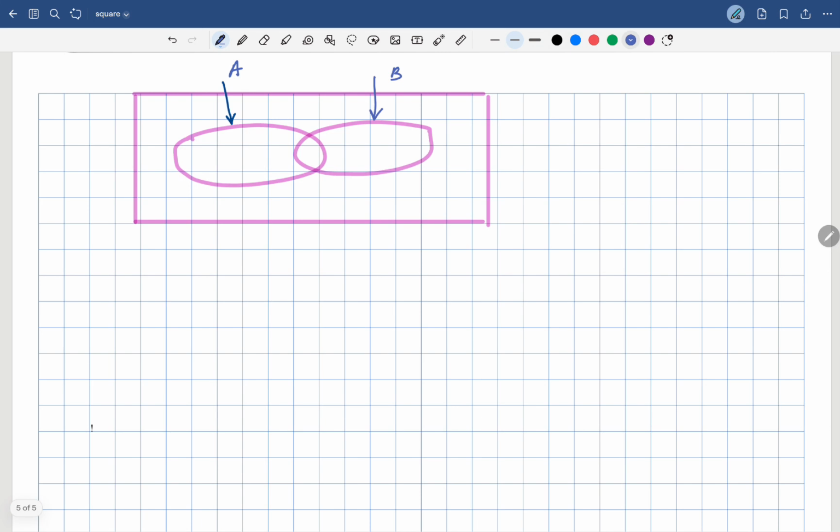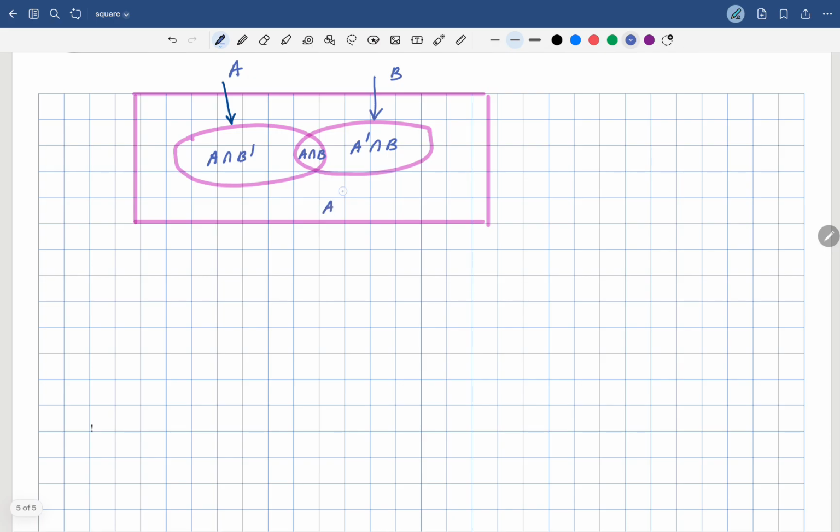Okay, so now let's think about this. This is going to be A intersection B prime. This is A intersection B. I'm going to write it in small letters. This is going to be A prime intersection B. So this is what we understood, and that whole thing is called A union B. Now what about outside?